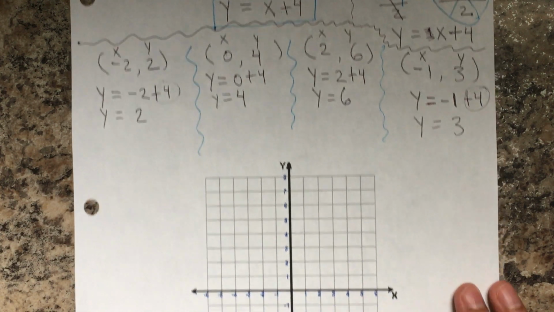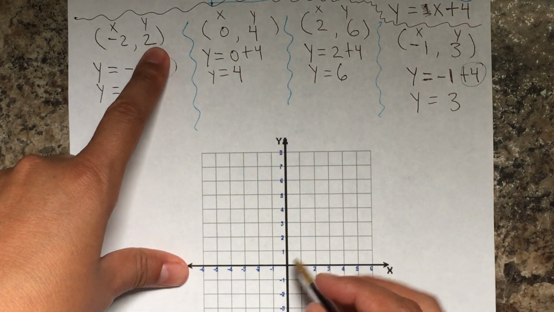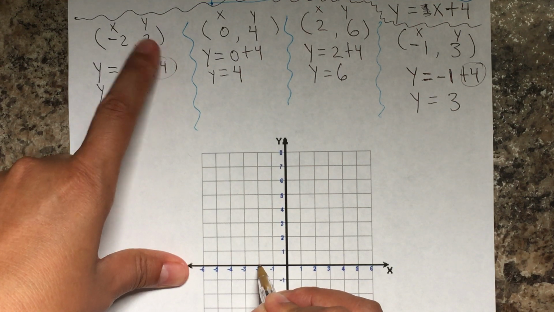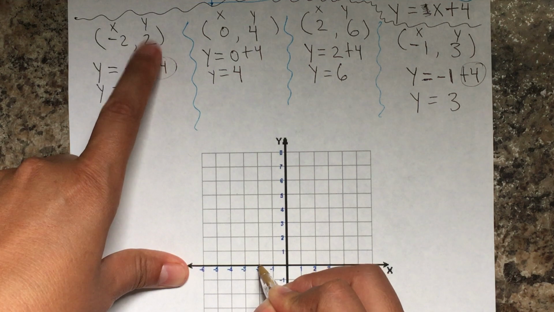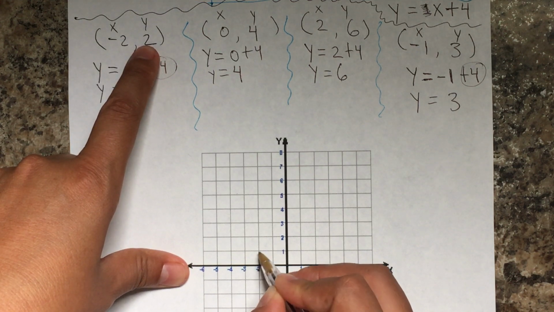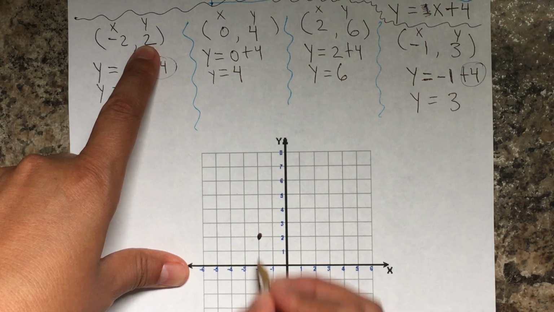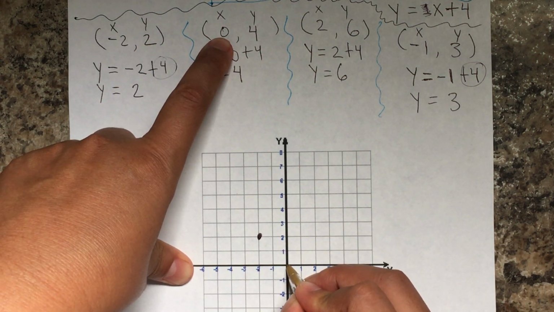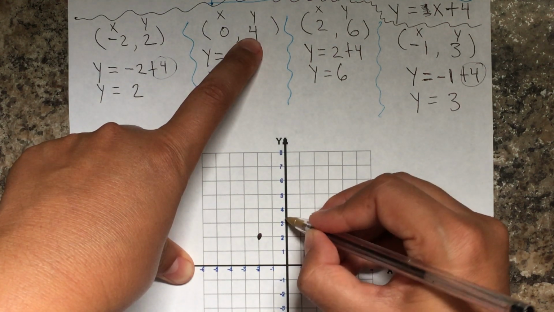Now we're ready to graph our 4 points. So -2, 2. -2 means left. I don't place the point in there only until I finish with this one. +2 on y means up. 1, 2. Remember, always left and right first, then up or down. 0 on x, meaning I don't move. 4 on y, meaning up. 1, 2, 3, 4.